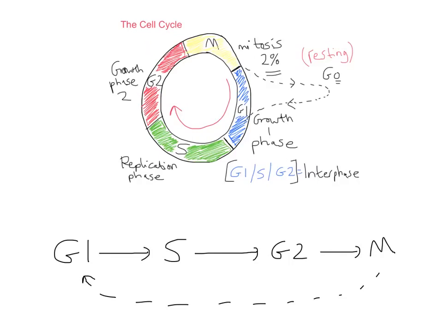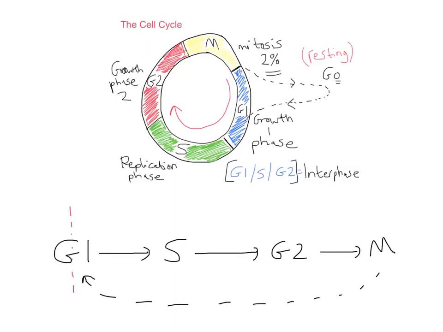Now, there are 4 cell cycle checkpoints, times at which the cell assesses what is going on, to make sure that everything is correct and in place and that the cell is functioning properly. So the first checkpoint is actually midway through G1. Apologies, I say midway, but it's rather at the end of G1.